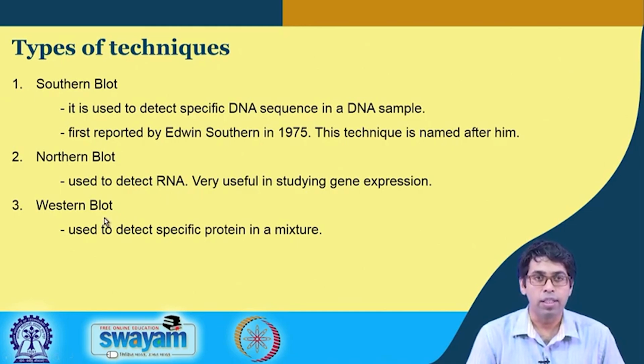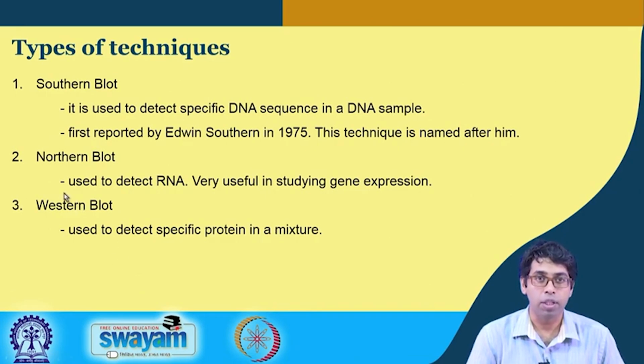The third one is the western blot, and this is most probably the most widely used immunoassay technique in current molecular biology labs. This method is used to detect specific protein in a mixture. Suppose you have a cell lysate. It can come from a bacterial cell, it can come from some mammalian cell, and you want to see whether a particular protein is present in this cell mixture or not.